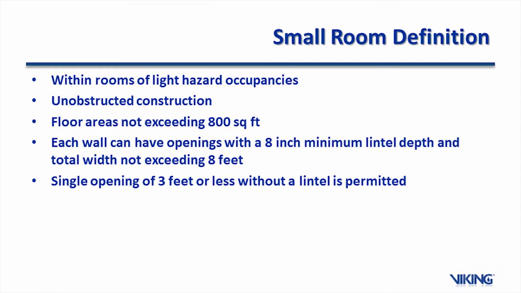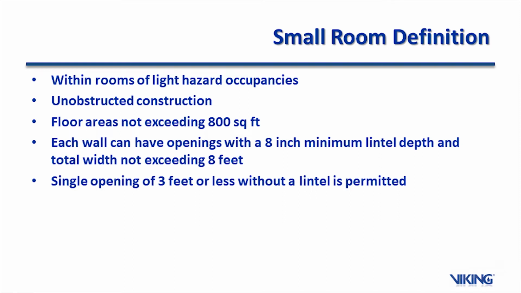Okay, so you can't use this for ordinary. Unobstructed construction. It's got to be a room like this. Floor areas not exceeding 800 square feet. Yeah, pretty sure that's this room. Each wall can have openings in them with an 8-inch minimum lintel depth. So you don't even need a door necessarily there, the total width.